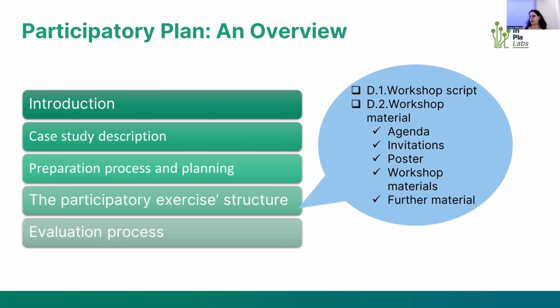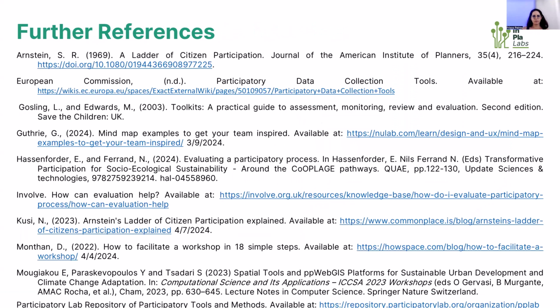So you need dissemination and communication with the participants to make sure that they show up at the process, and the evaluation process that you'll follow at the end. Here you can see again some other references that are more connected with the tools and methods that we saw, and the structured processes and steps that we saw in this part.